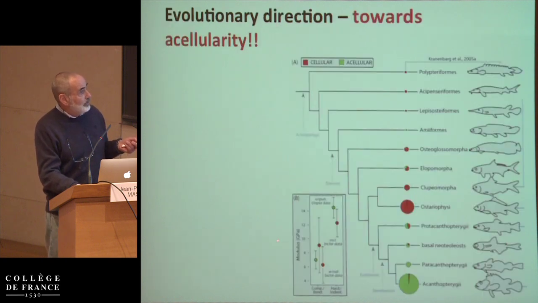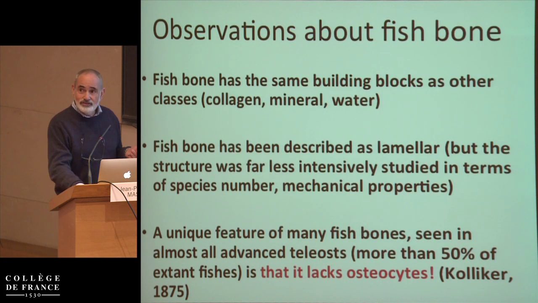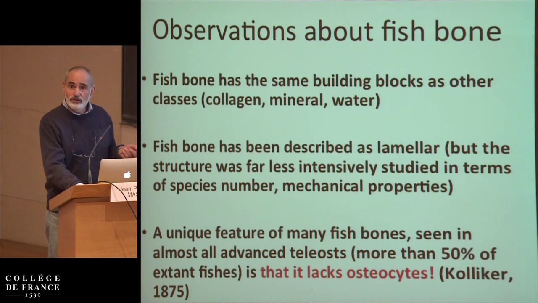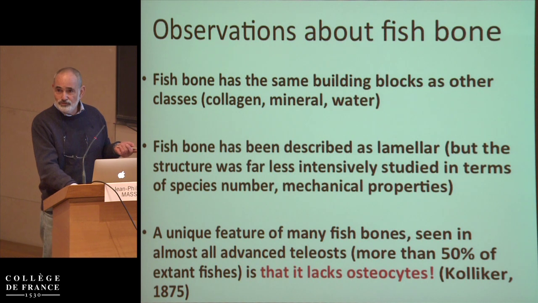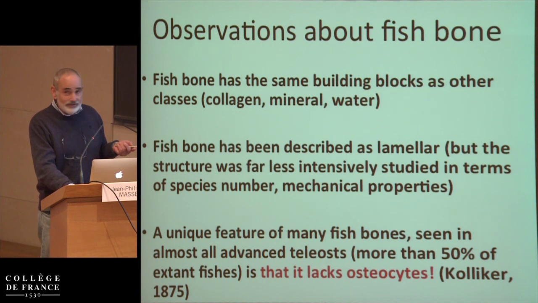And one of the really interesting things about fish is that more than half of the fish existing today have a unique property that has been known for many years now: they don't have osteocytes. That cell that's considered so important and fundamental to the performance of bone. And that raises questions.